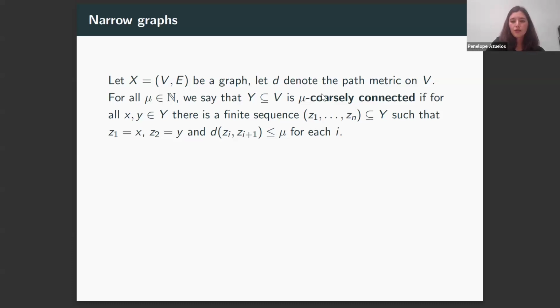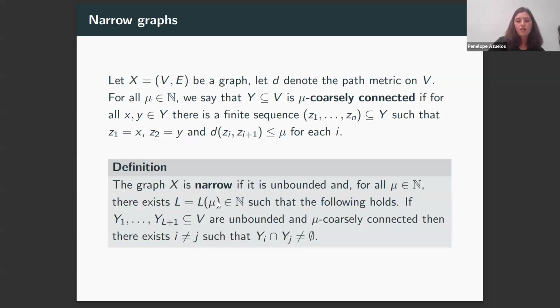And we have this notion of coarse connectedness: if I give you a constant mu, some positive number, and a set of vertices Y, then it's mu coarsely connected if for any two points in the set Y, there is a finite sequence inside of Y which goes from x to y, and to get from one vertex to the next, the distance is at most mu. So if mu is equal to 1, then this is just connectedness in the traditional sense, and this sequence gives you a path. And then we're just weakening that a little bit, so you're allowed to jump a bounded amount to get from one vertex to the next.